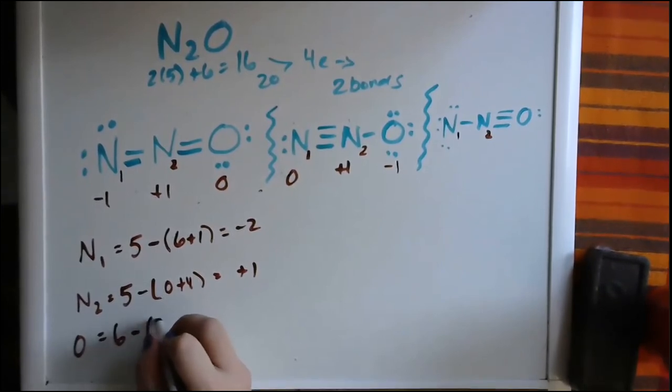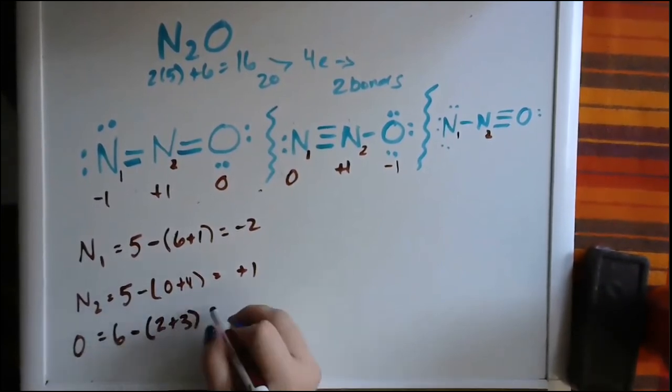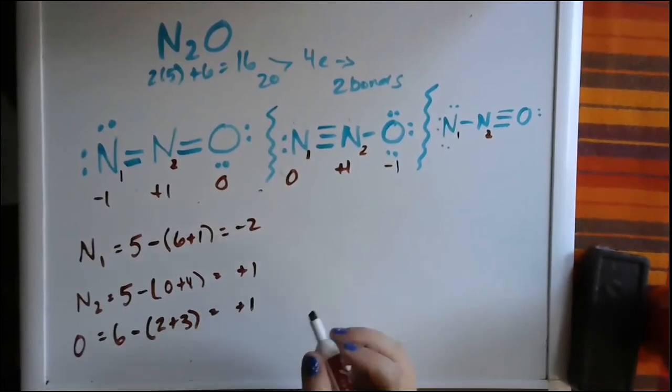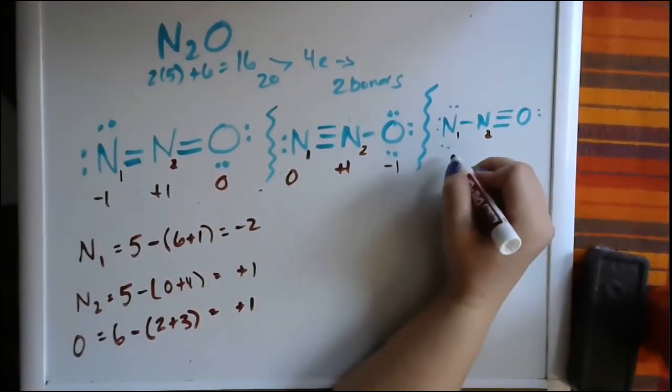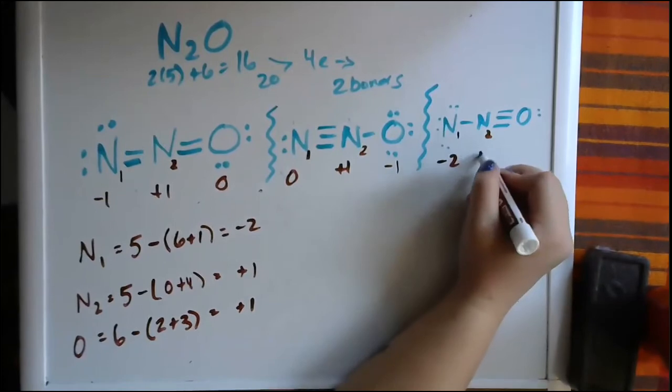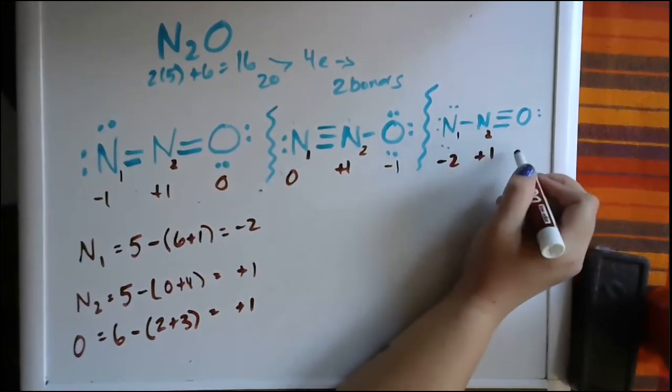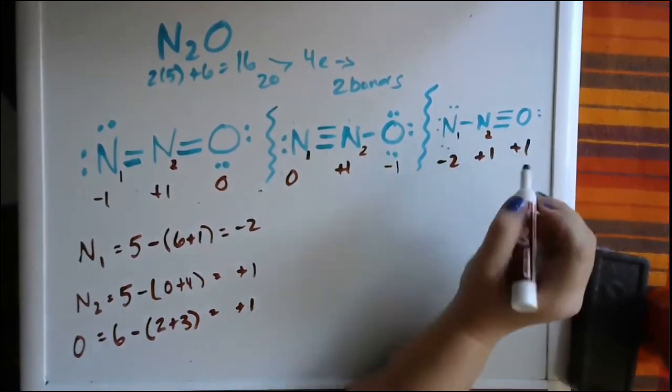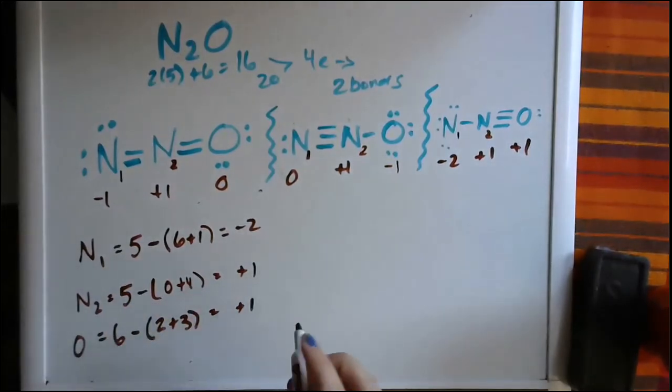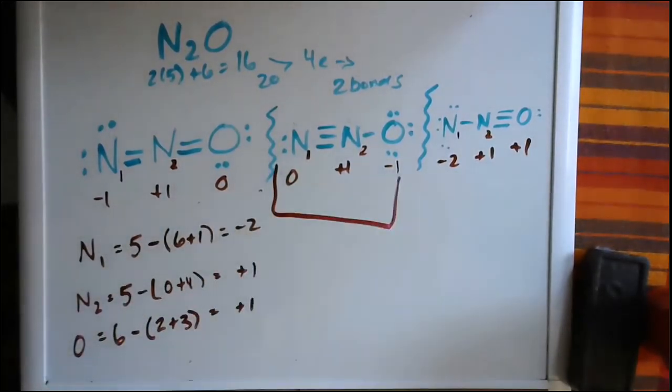Oxygen is 6 minus 2 plus 3, also +1. Yeah, oxygen does not like to be a +1, so that structure is junk. All right, so out of all these three options, this is the biggest contributor here. This meets most of our criteria that we laid out before, okay?